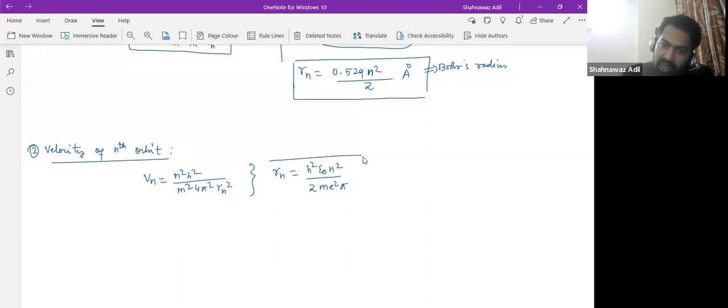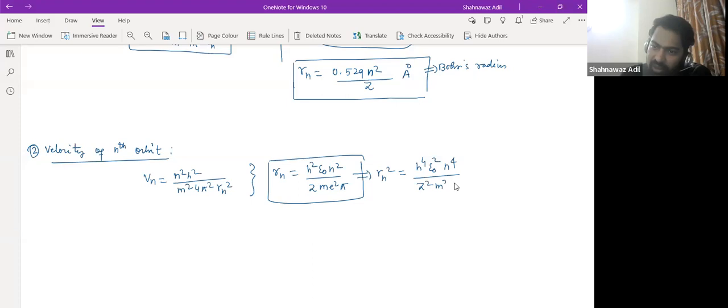So this is Rn. If we calculate Rn square, that would be h4 epsilon naught square n4 divided by pi square Z square m square e4. So this would be Rn square.